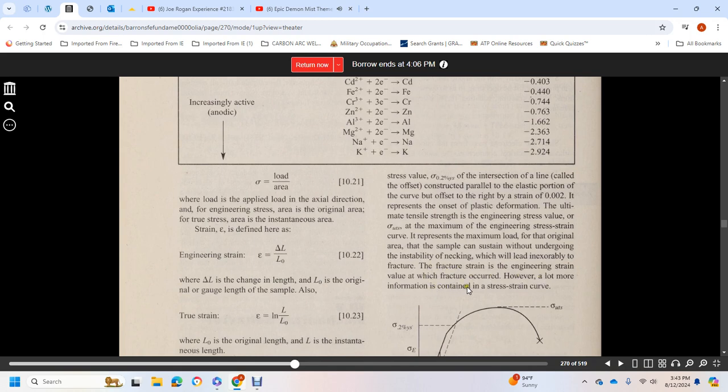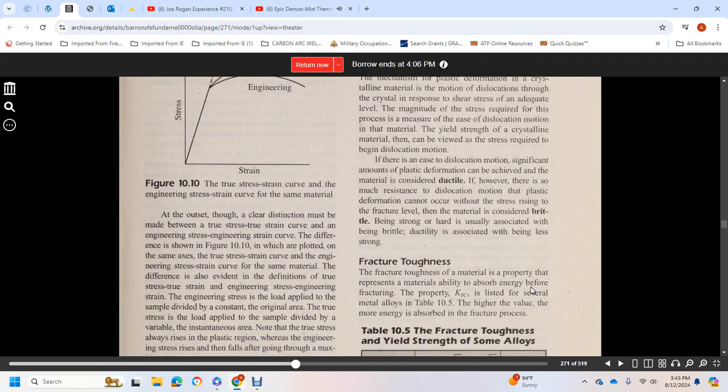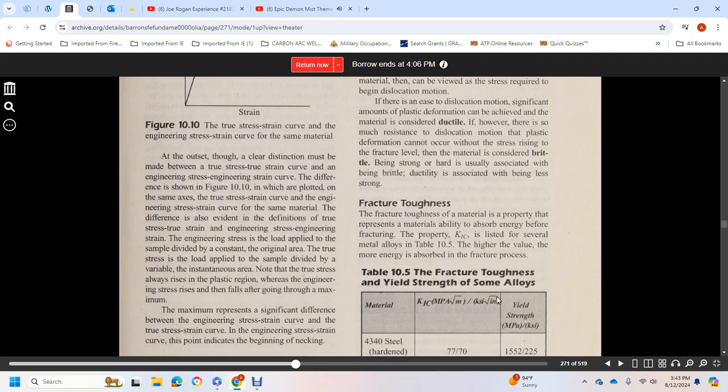However, a lot more information is contained in the stress-strain curve. At the outset, a clear distinction must be made between the true stress-strain curve and the engineering stress-strain curve. The difference is shown in Figure 10.10, where both are plotted on the same axes for the same material. The difference is evident from the definitions.